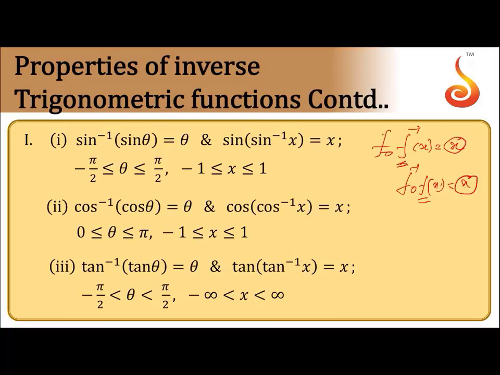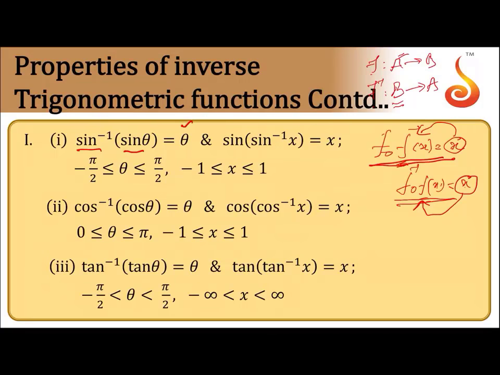So the domain of this function is different from the domain of that function, because when you define the function f from A to B and f inverse exists when it is one-one and onto, the domain of f inverse is B and the domain of f is A, both of them different.